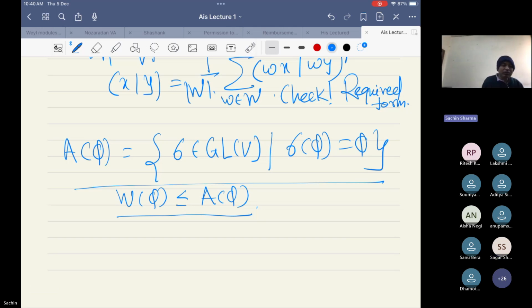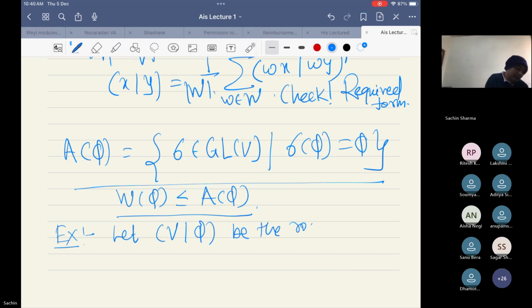So what we have is that, first I will leave these things as exercises. Let V, phi be the root system.